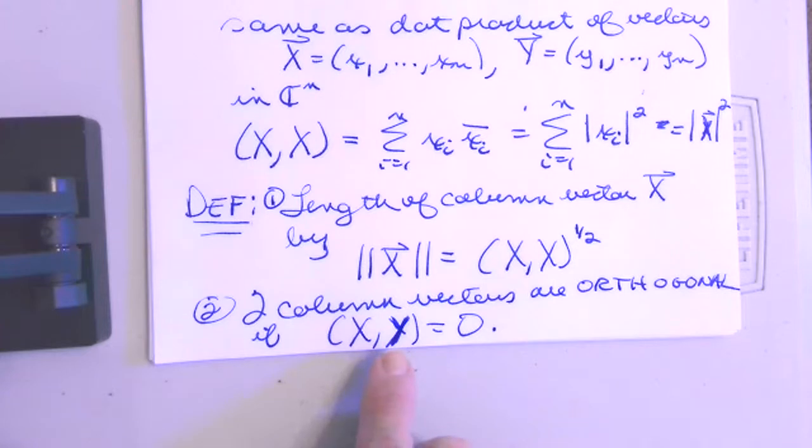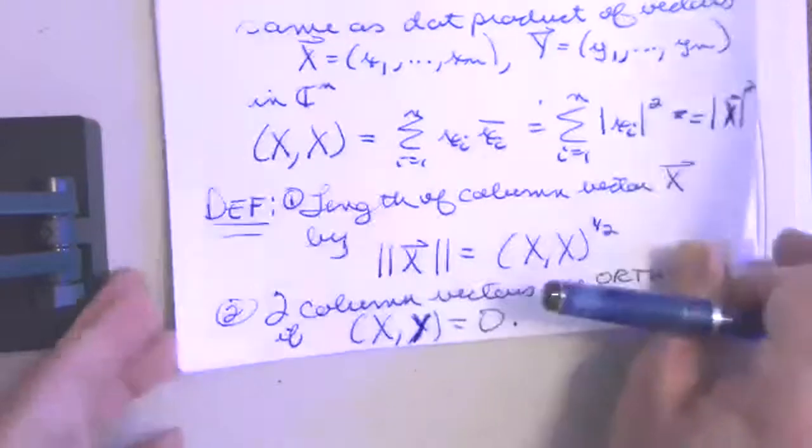But this is a more general definition. Really, the definition of orthogonality is given in terms of inner products. So two vectors are orthogonal if their inner product is 0. Okay. All right. Another thing we're going to use is the identity matrix.